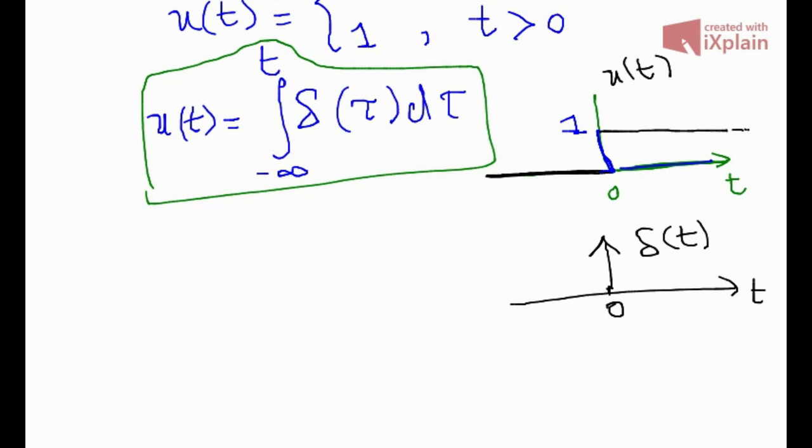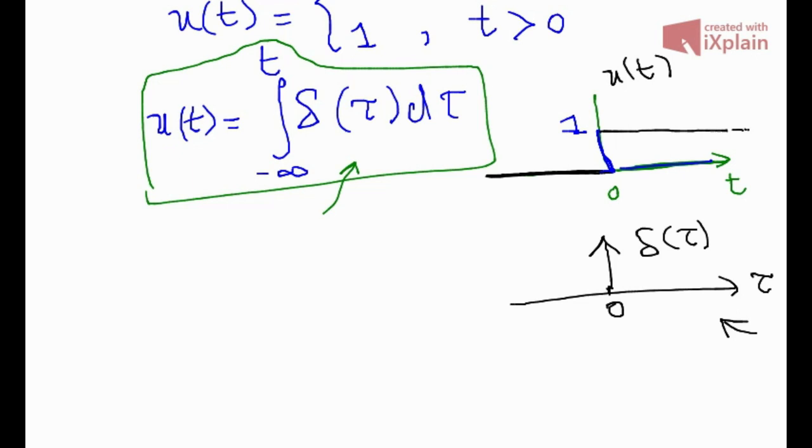Now suppose we integrate this delta of t. Let me change it to tau instead of t, so that we are consistent with our notation, using the variable tau to represent time. So delta of tau occurs at 0, and it has some value there.